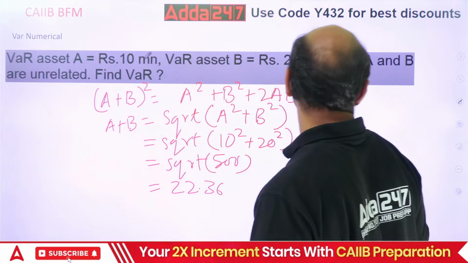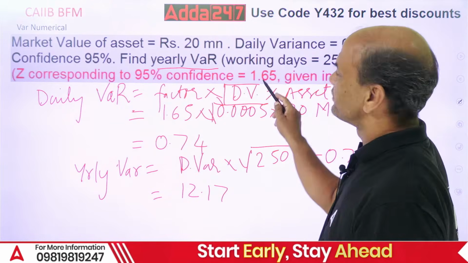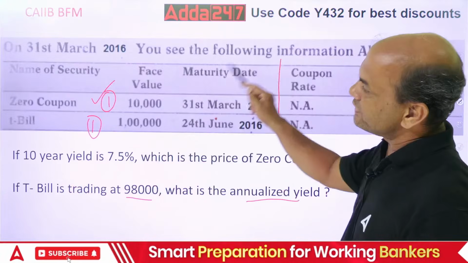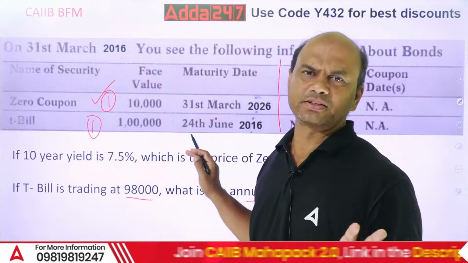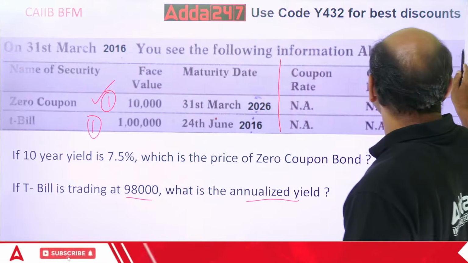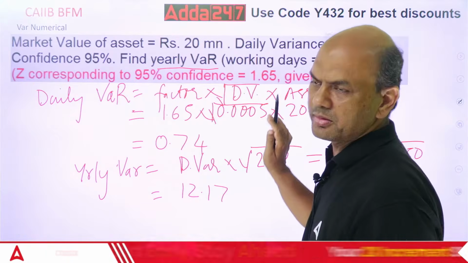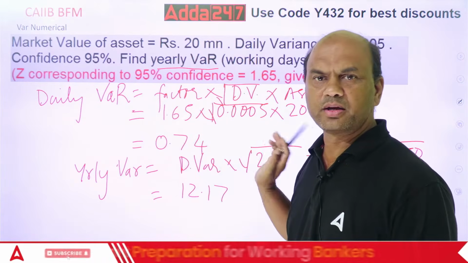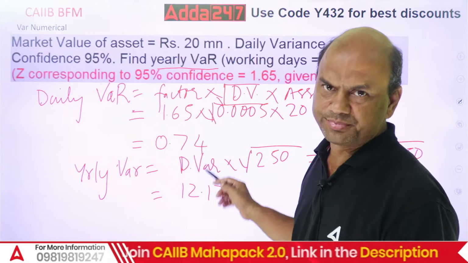Clear? See these numericals, this one, or even this earlier one, this one is compulsory. This one is very much compulsory in exam. This second numerical may come or may not come. But you will definitely get a question on daily VAR and yearly VAR. Compulsory, yearly VAR you will definitely get a question.